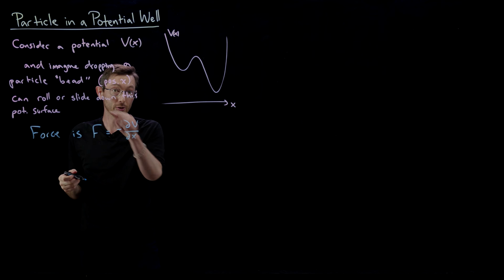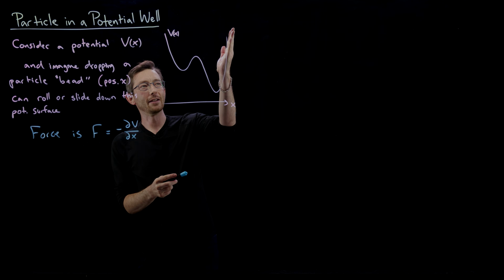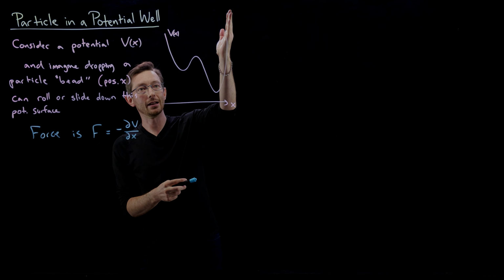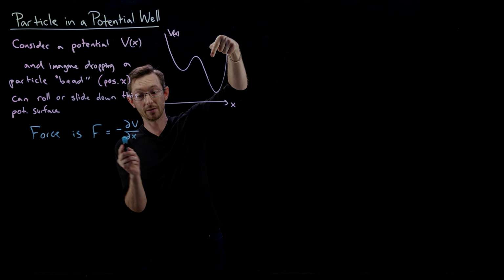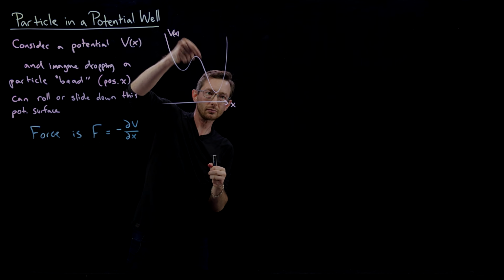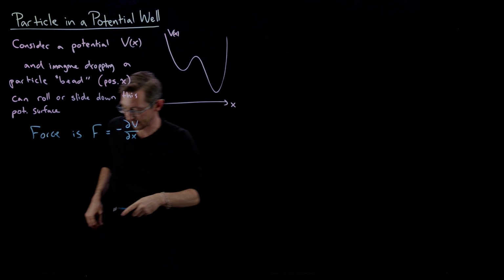Okay, so the force is proportional to minus the gradient of the potential. And again, if I have a positive grad V, then that's going to be pulling me in the negative direction. And if I have a negative grad V, that's going to be pushing me in the positive direction. That's why I have this minus sign here.